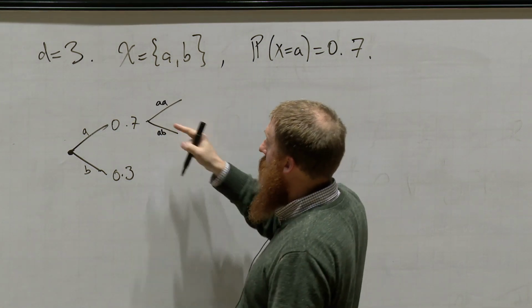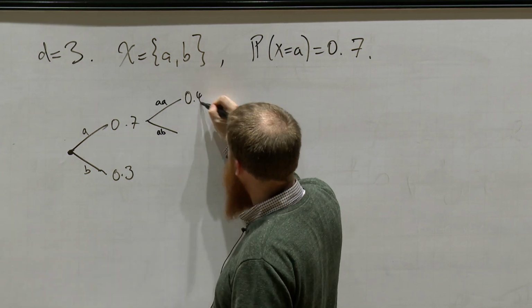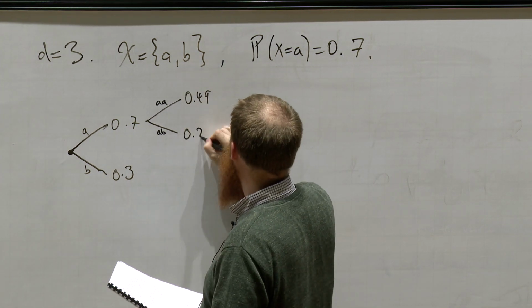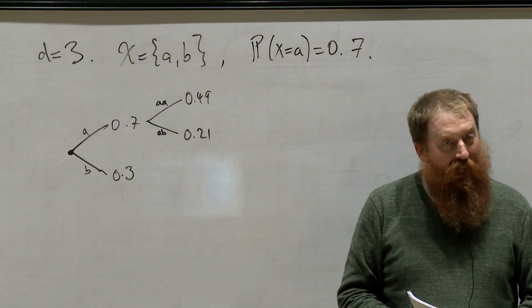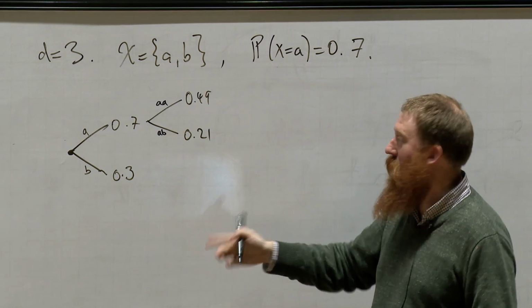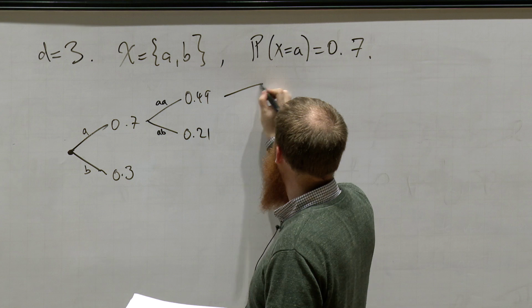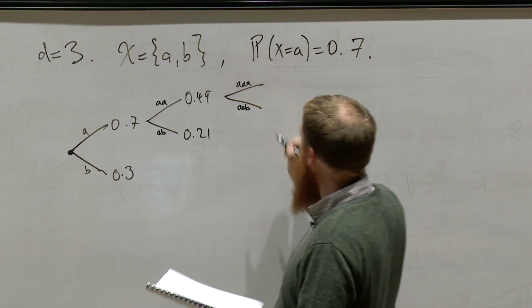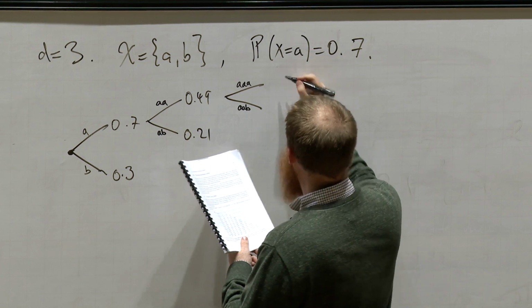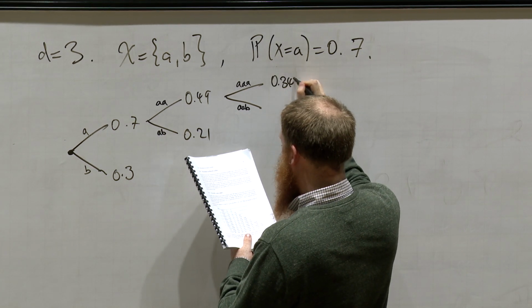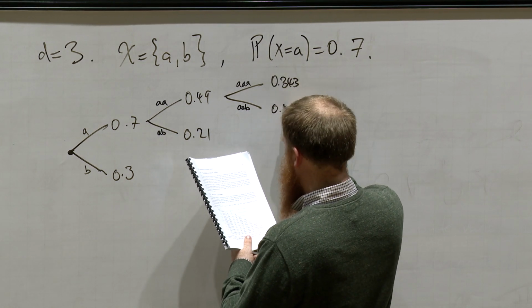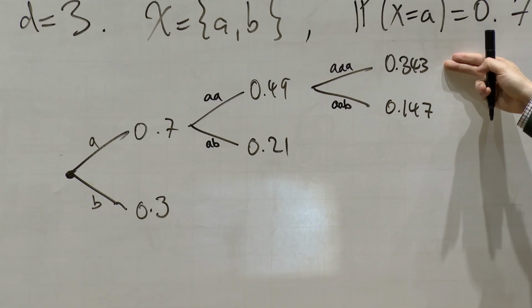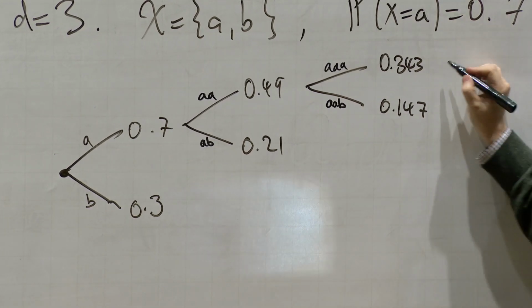What are the probabilities at this point? It's 0.49, 0.3 still, and 0.21. I now find the highest probability code word. Here it is. I split this into two, so I get AAA and AAB with probabilities 0.343, 0.147. I then find the highest probability code word. I split it into two pieces.